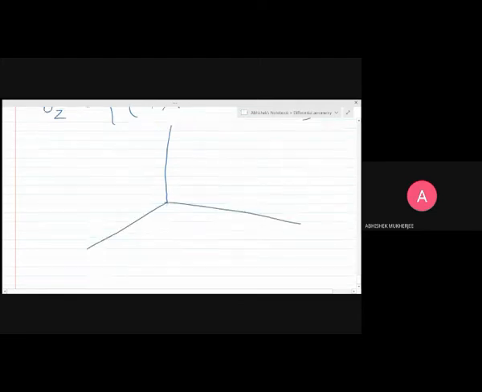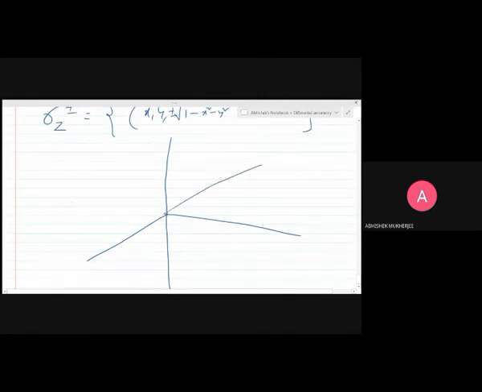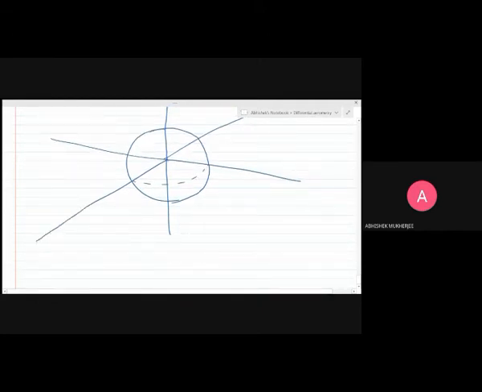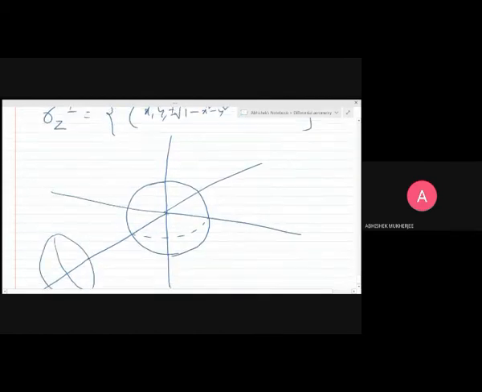So it will be your sphere, and you are going to define, just writing down this one.